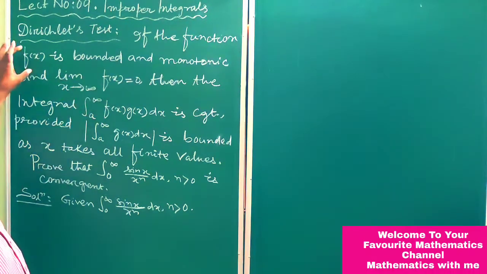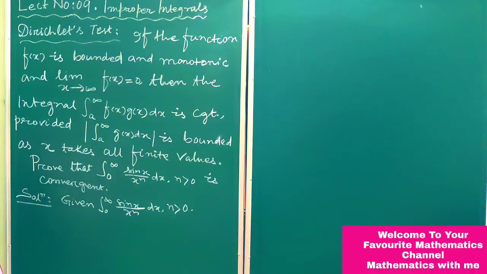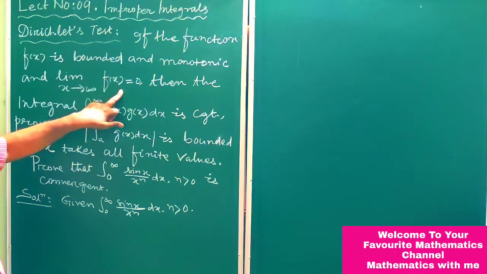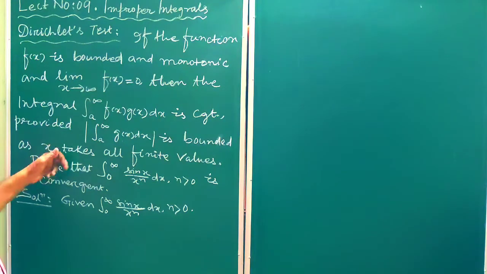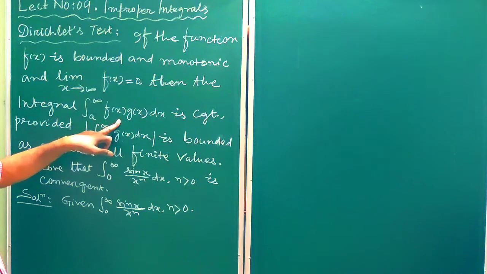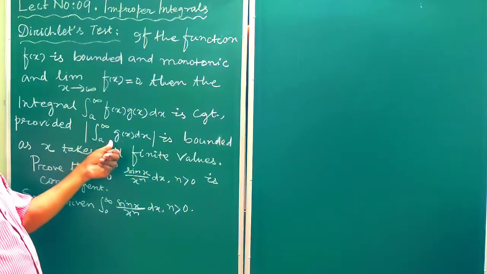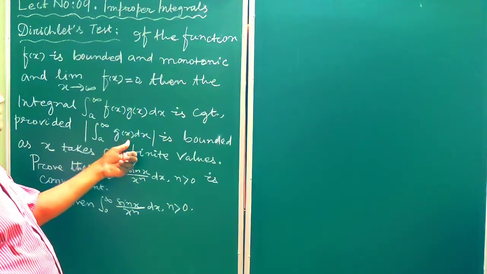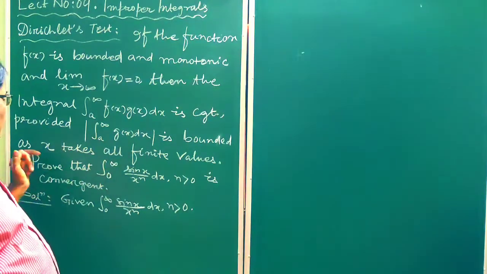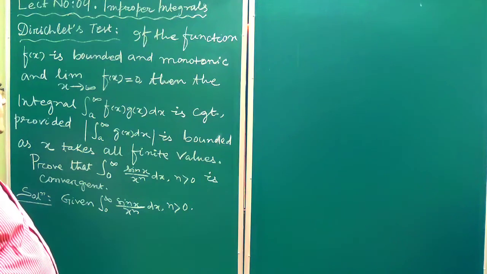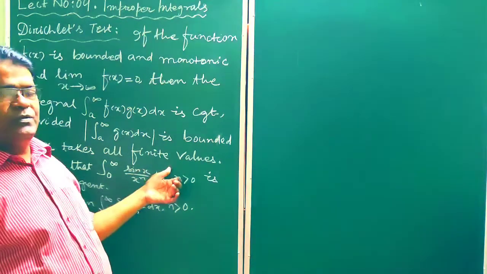If the function f of x is bounded, monotonic, and the limit as x tends to infinity of f(x) is equal to 0, then the integral from a to infinity of f(x) g(x) dx is convergent, provided the absolute value of the integral from a to x of g(x) dx is bounded as x takes all finite values.